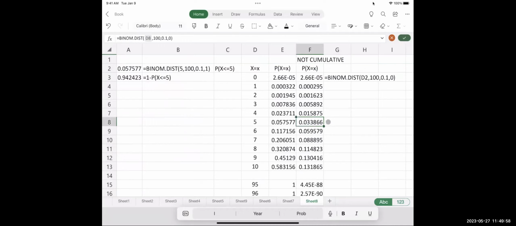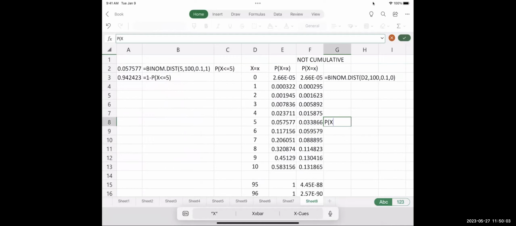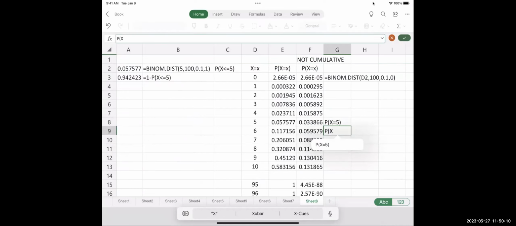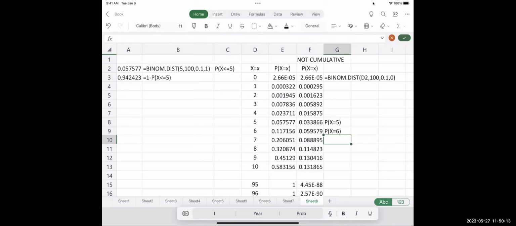But if you want to see, this is the probability that X equals 5 umbrellas. The probability that X equals 6 umbrellas. This one over here is less or equal, so it's going to sum all of these before to make this one. All right. Any questions?